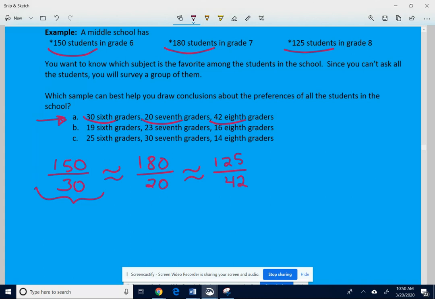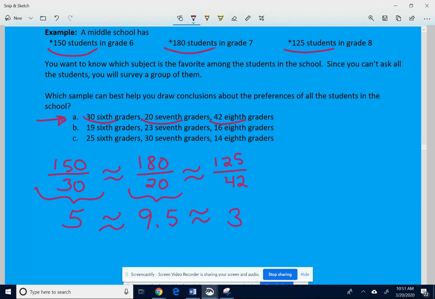Okay, so if you take 150 divided by 30 in your calculator, you get 5. If you take 180 divided by 20, you get about 9.5. And if you take 125 divided by 42, you get about 3.